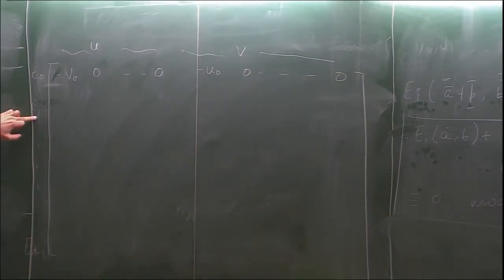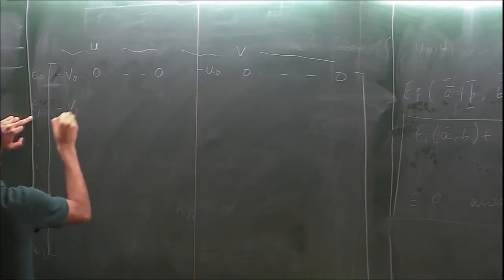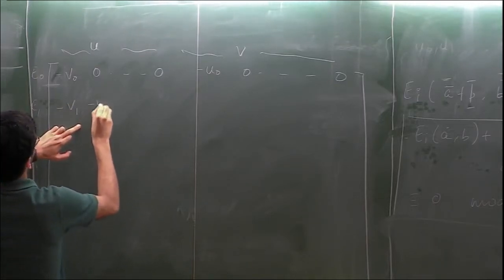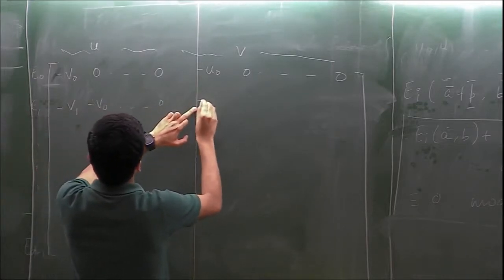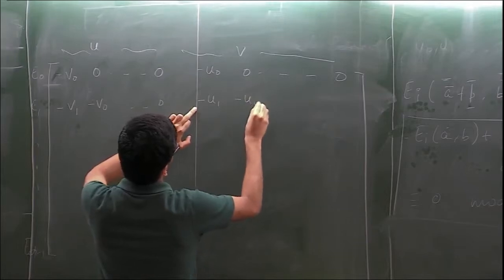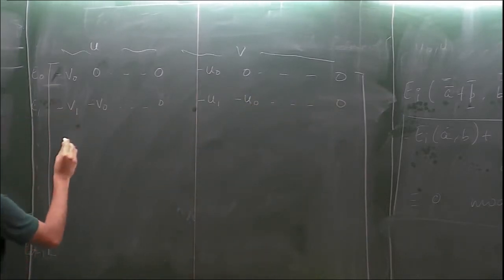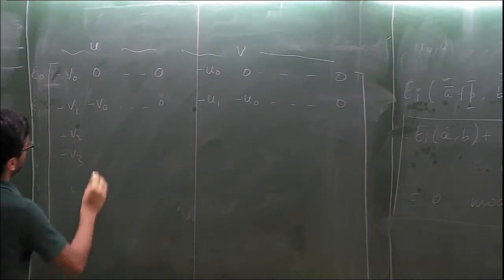Okay, so now let's look at E1. If you look at E1, the derivative with respect to U0 is going to be minus V1. Then there's going to be minus V0 here, a whole bunch of zeros, and something very similar here. So minus U1, minus U0, whole bunch of zeros, and so on. So the next derivative is going to be minus V2, minus V3, and so on.